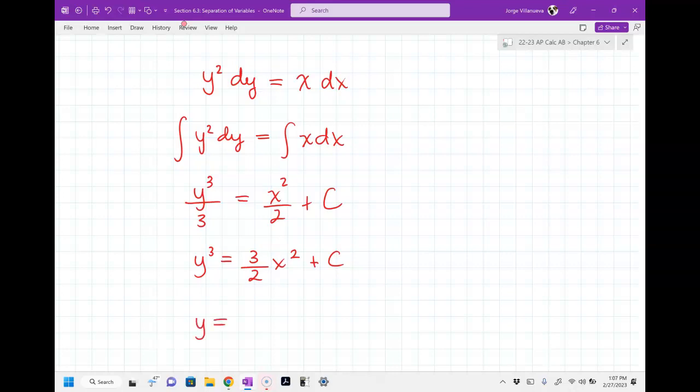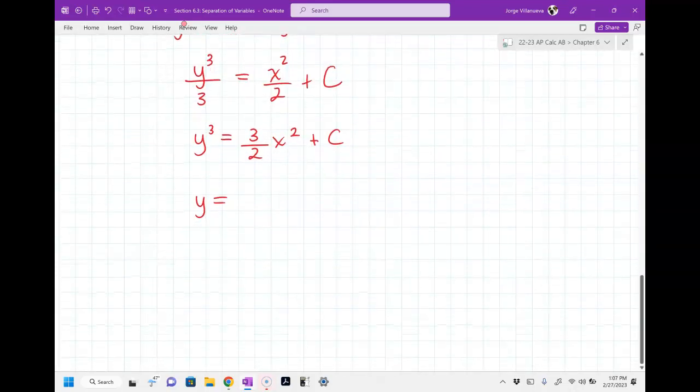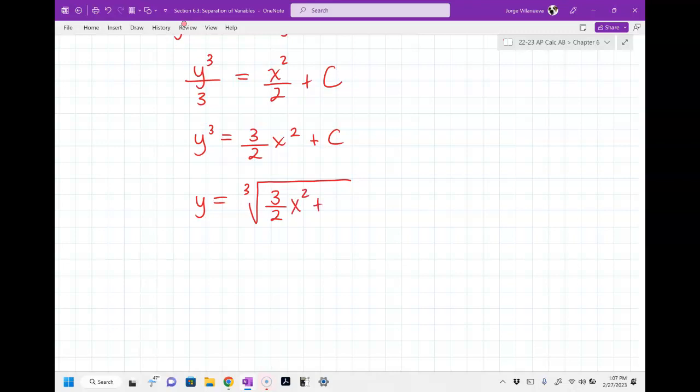So y is equal to the cubed root of 3/2 x squared plus c. And this would be your solution for that. So what they're basically saying is if you take the derivative of this, it should come out to x over y squared. That's what your answer should be once you're done.